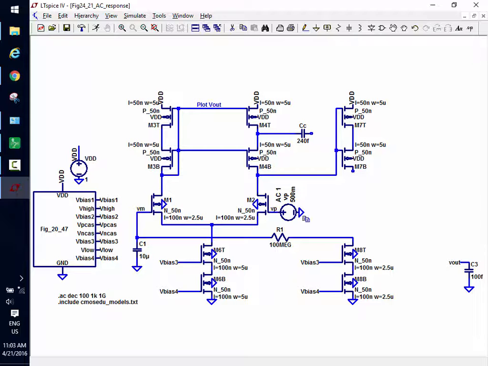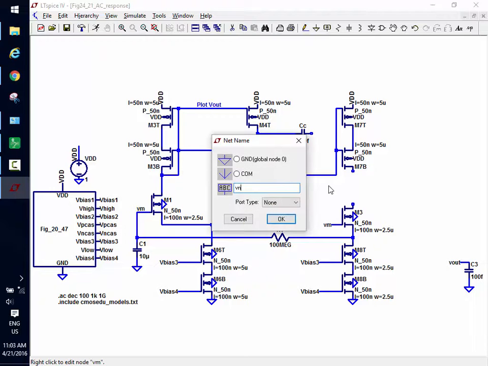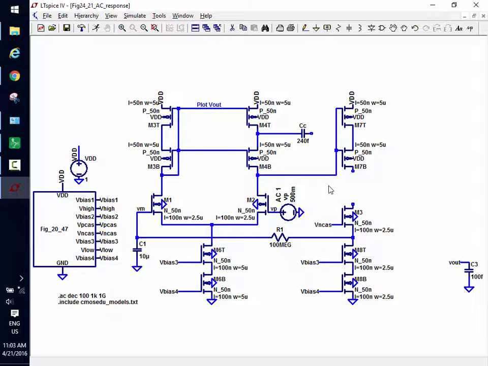Yep, so I'll copy in this one. I'm going to relabel this VNCAS. Looking good? Then let's go, and I've got to remember to change this to 100. Oh, you know what?